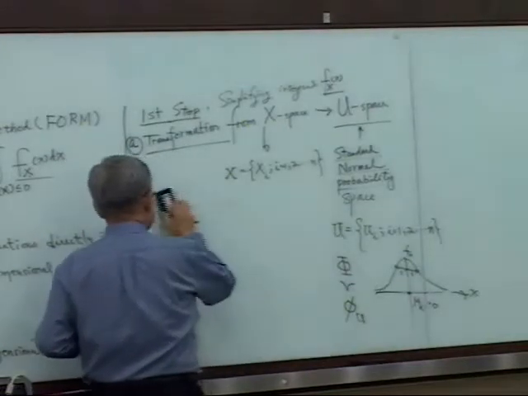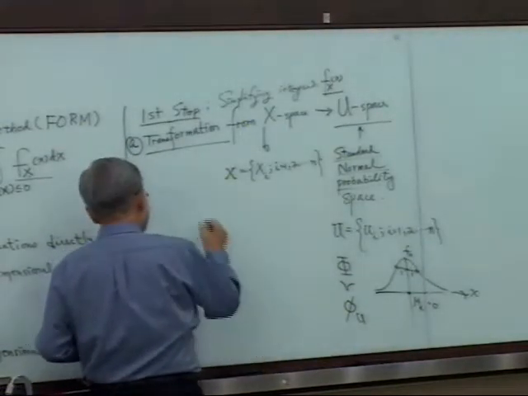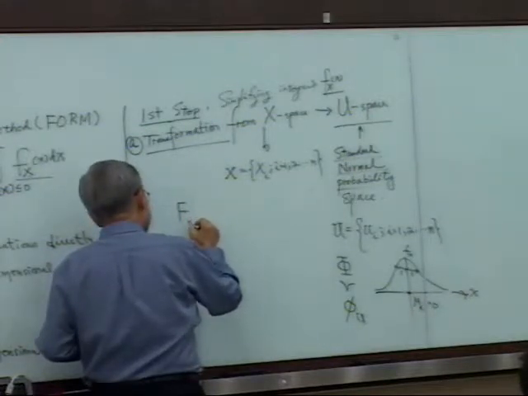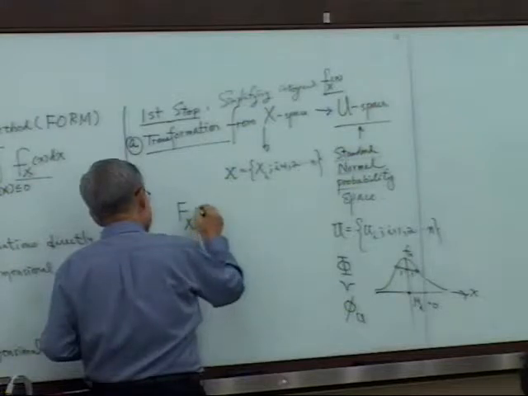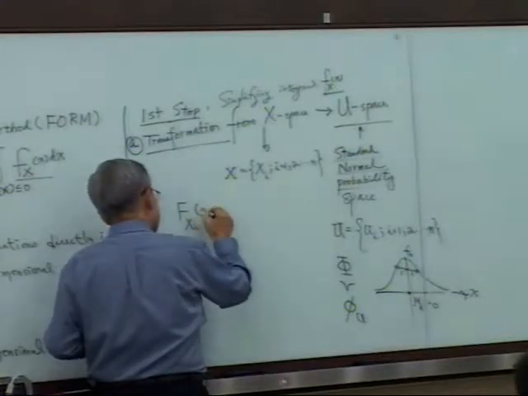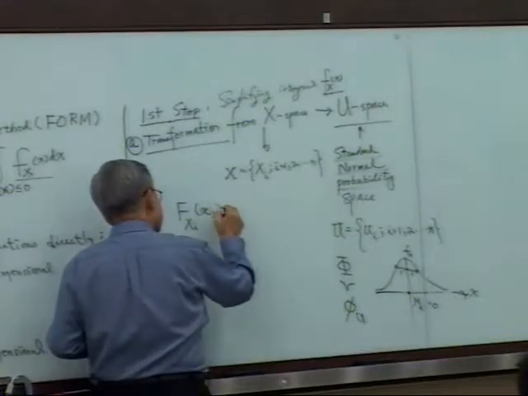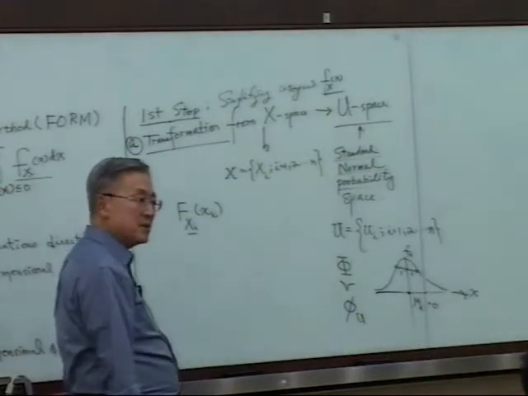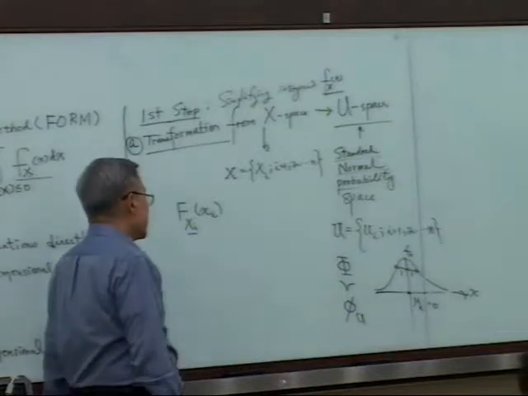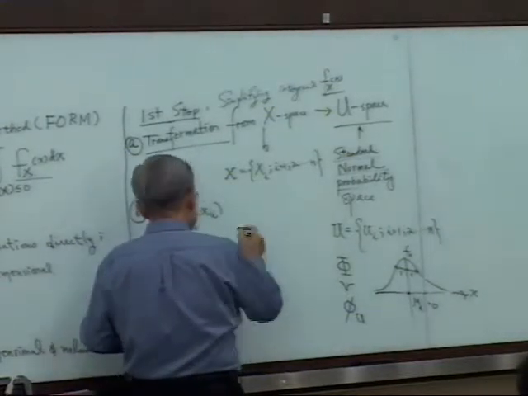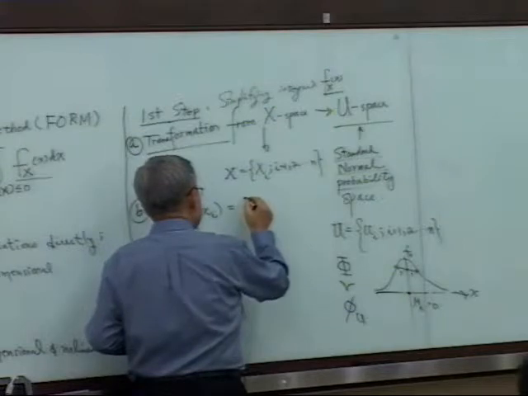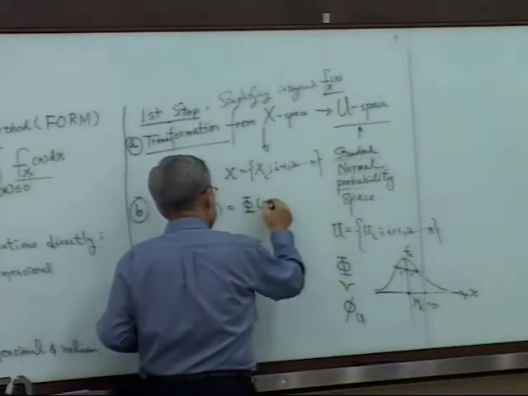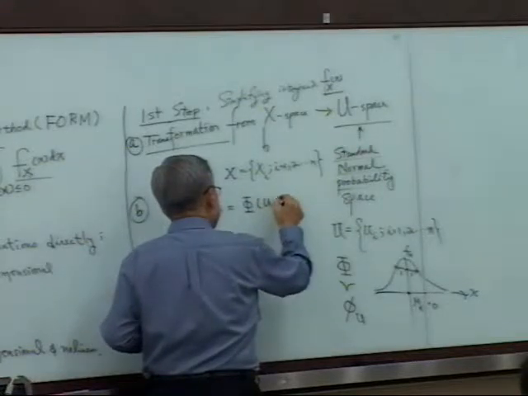Before I write this, I'm going to say f of Xi. This is a random variable, capital Xi, because it has n different random variables, is equal to phi of ui.